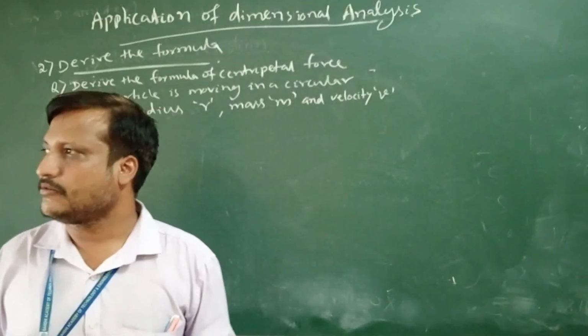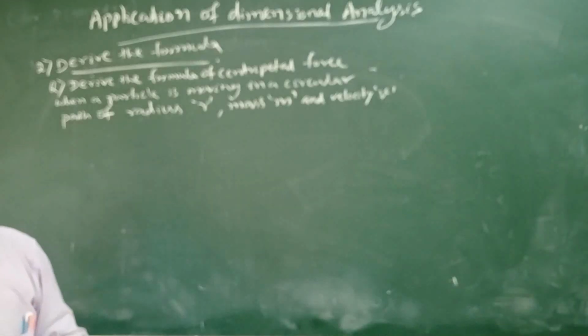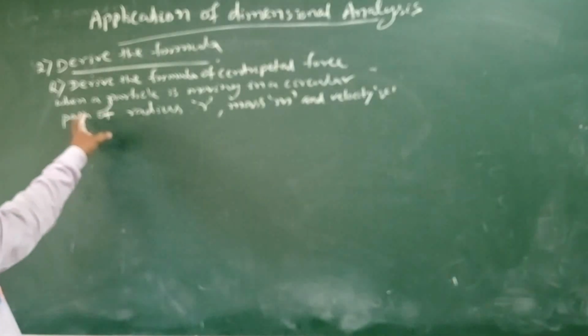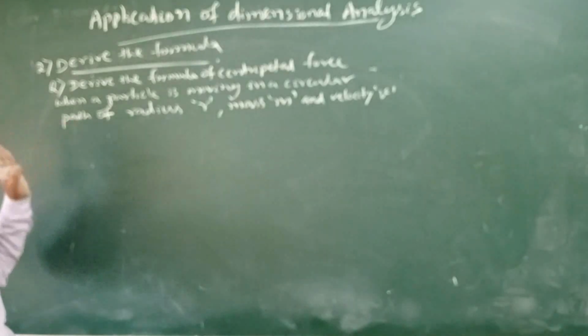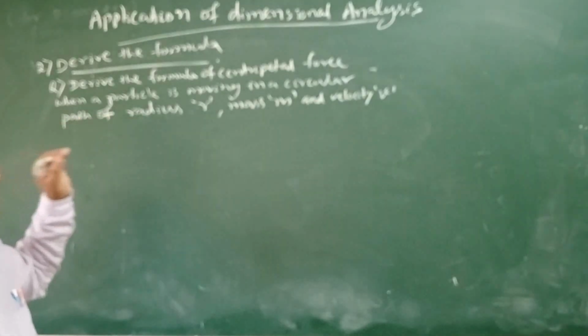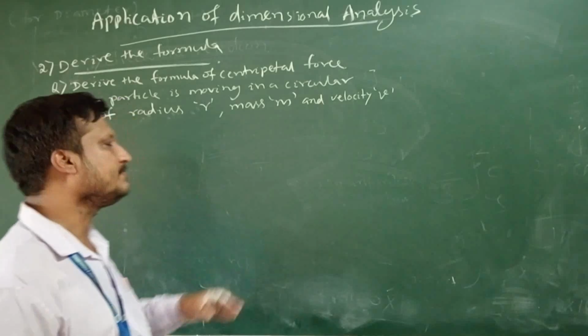So we will find out the formula of centripetal force. Now the particle is moving in a circular path whose radius is r, whose mass is m, and velocity is v.